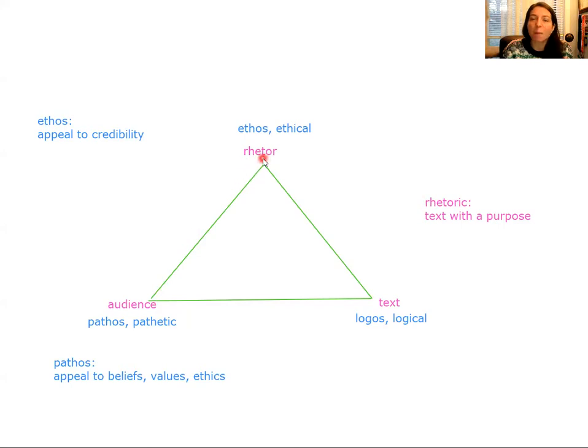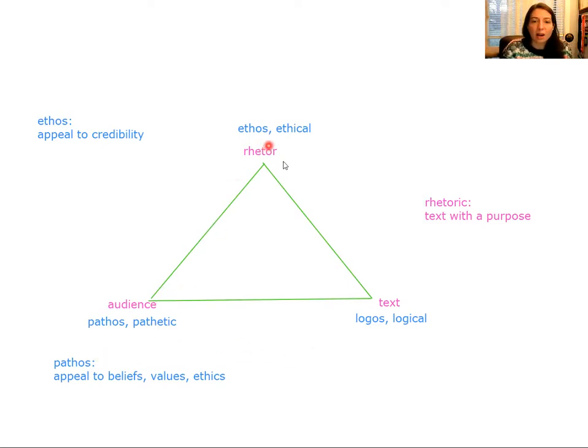Because the more like my audience I appear, and the more I show that I share the same values that they do, which in different contexts could be education, it could be experience, you have to think about how you as a rhetor want to present yourself in order to best appeal to your audience, in order to establish relevant ethos, in addition to making an argument that is based upon their particular beliefs, values, and ethics.